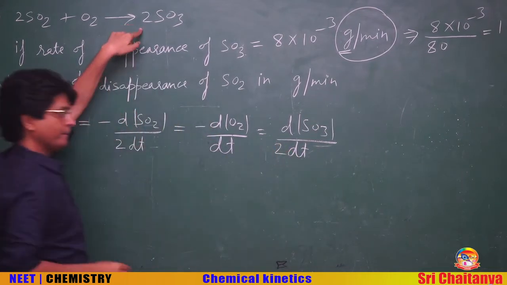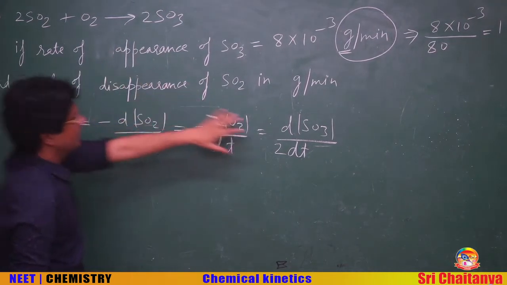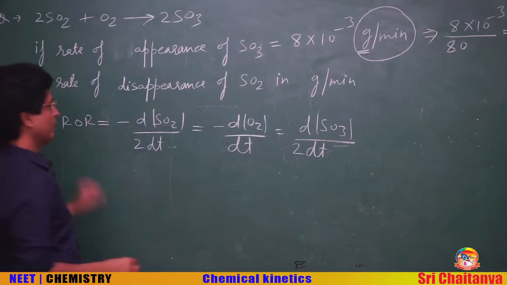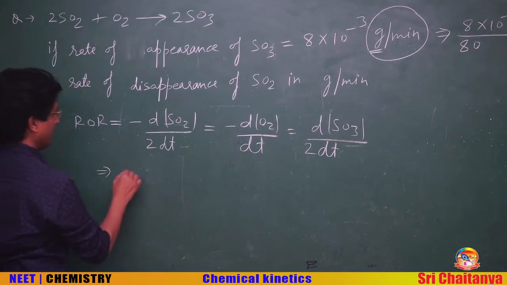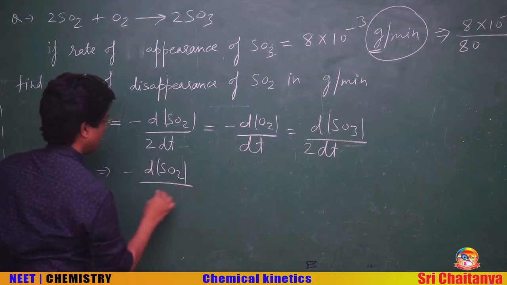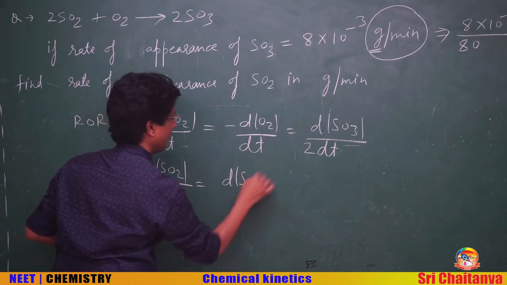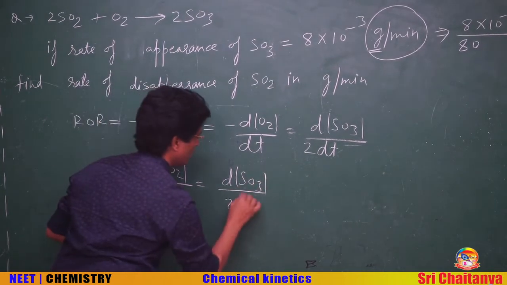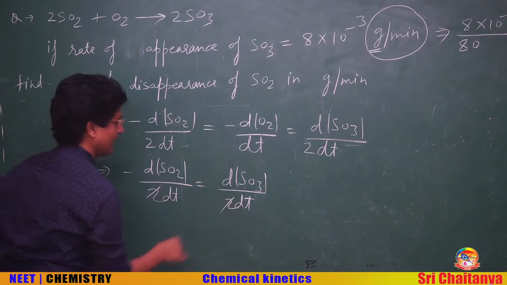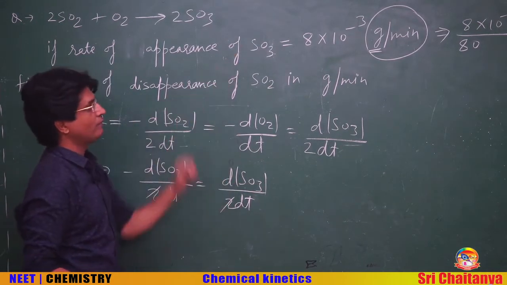Now the O2 part is not useful for us because they have given this data and they are asking this data. So this can be written as minus of dSO2 by 2 dt will be equal to dSO3 by 2 dt. This 2 and 2 cancel out. This is now the rate of appearance of SO3.